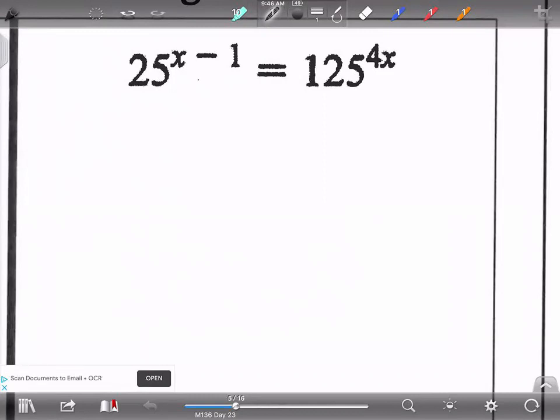So if I ask you to rewrite 25, what would you rewrite it as? What to the what power is 25 most commonly?